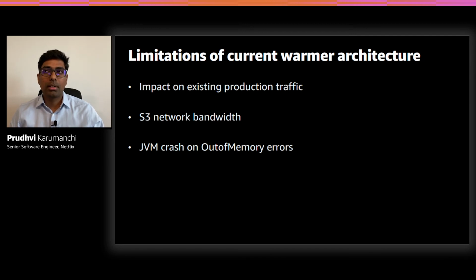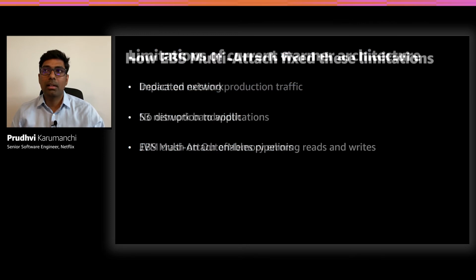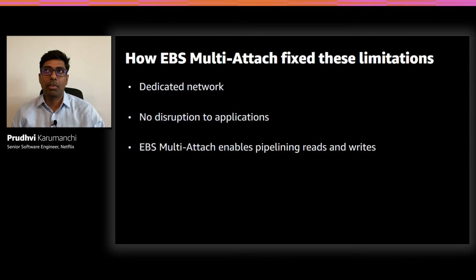That was a side effect of uploading to S3. Also, the dumper that we saw in the little diagram earlier is based on the JVM. Whenever there is warming activity happening, if the GC doesn't happen fast enough, we used to see occasional JVM crashes with out-of-memory errors. Since these were the limitations, we started looking at this problem from a different perspective.